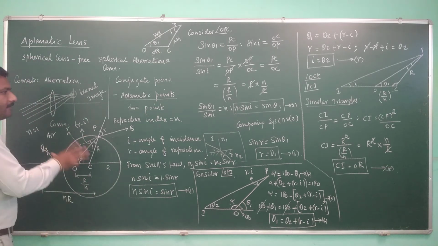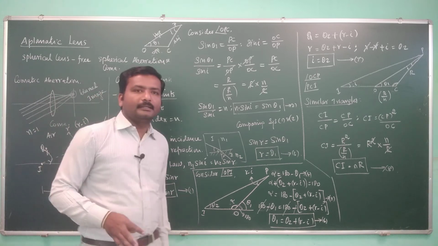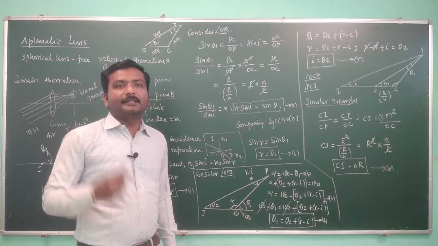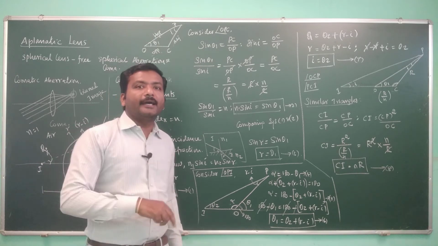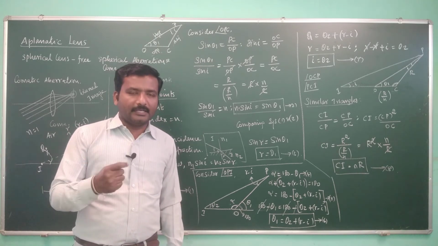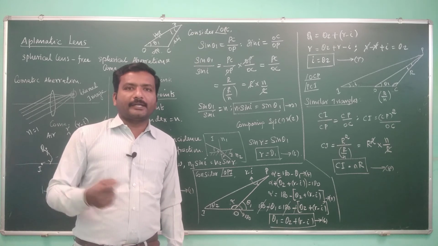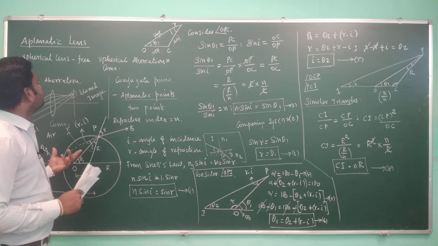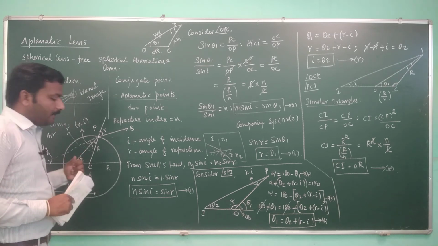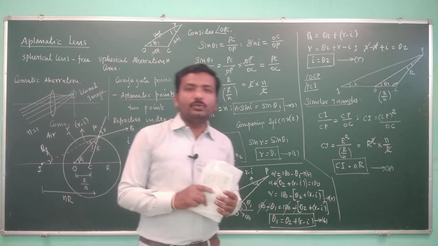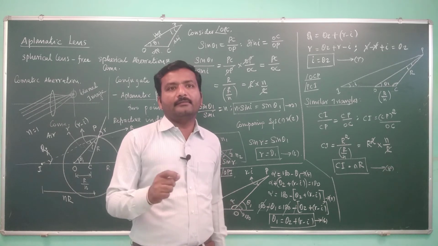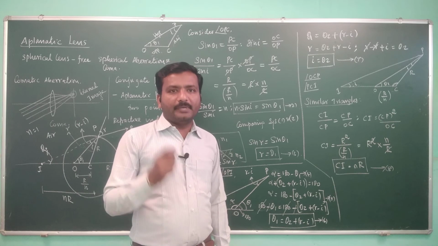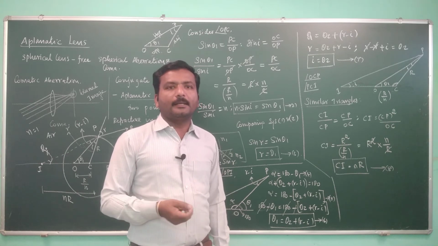Now such a lens has a very important application in microscopes of high resolving power, that is, microscopes whose magnification is greater than 500, where this aplanatic lens is used to have an image which is free from spherical aberration and chromatic aberration.